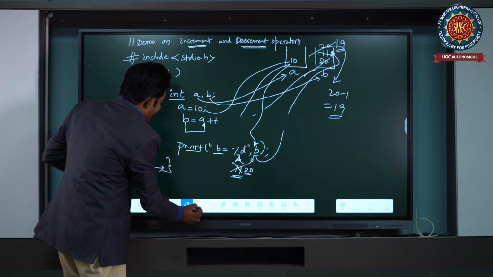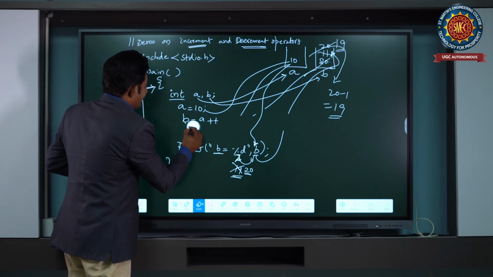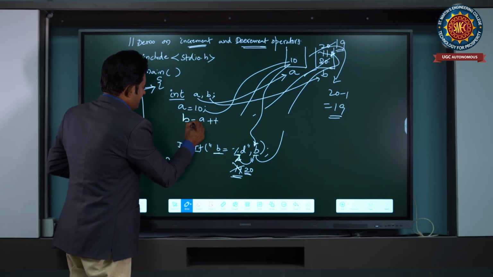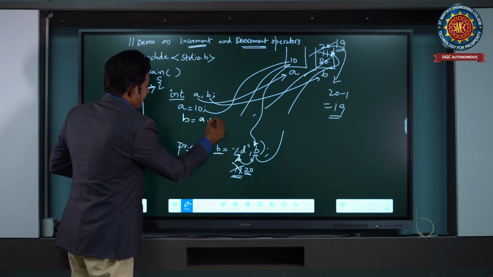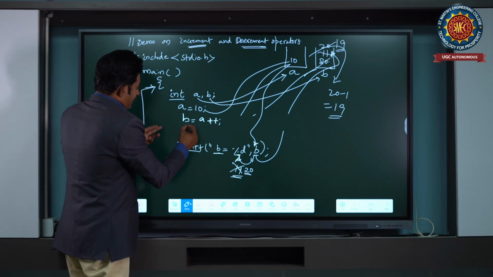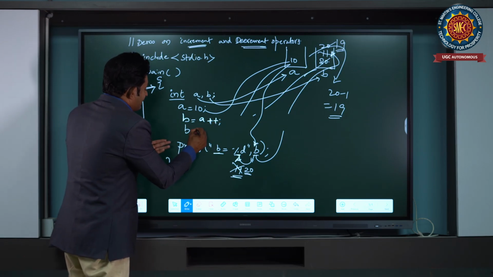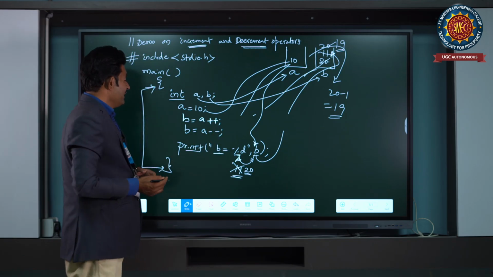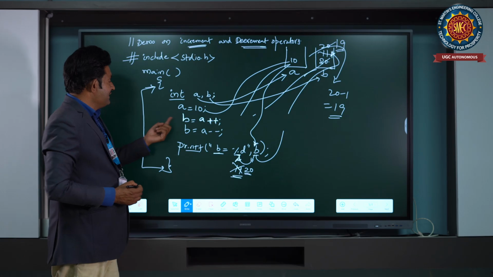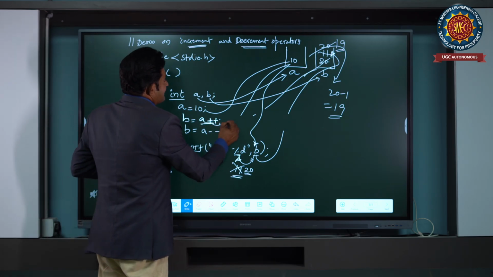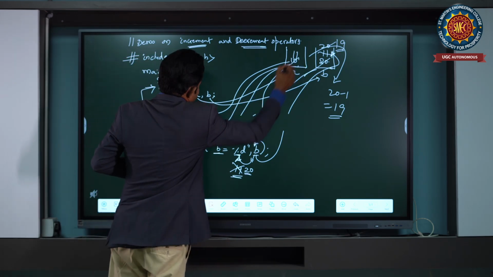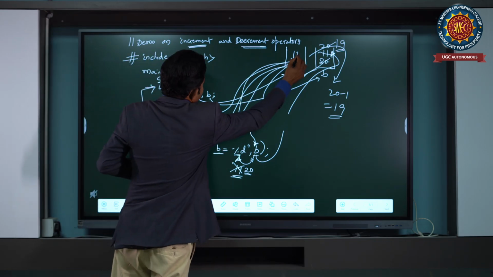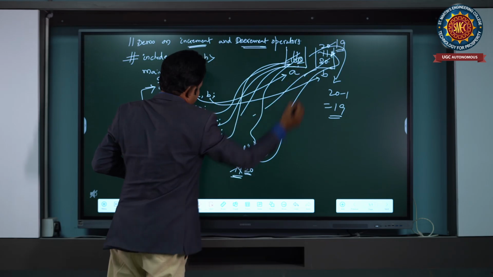Suppose I write one more statement, B is equal to A minus minus. So now in this case, A plus plus means the value of A is 11, and next A minus minus, the value is 10 again.